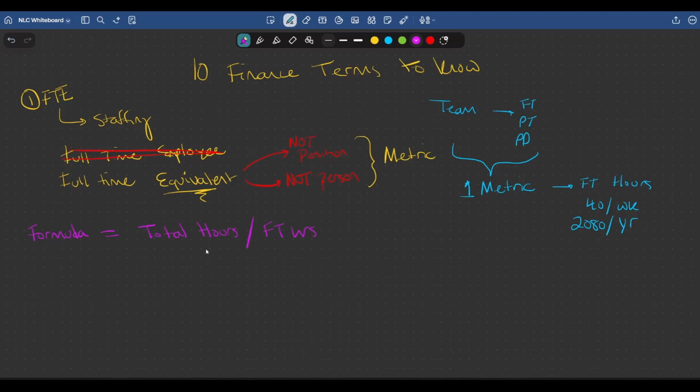There are two versions of this formula: total weekly hours divided by 40, or total annual hours divided by 2080. And this number is just what full-time hours for a whole year looks like. That is essentially the formula, but it probably sounds a little abstract.